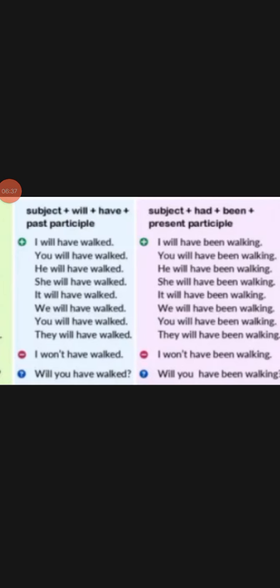I will have walked. You will have walked. He will have walked. She will have walked. So with will or shall, have will come and the verb third form will come here.